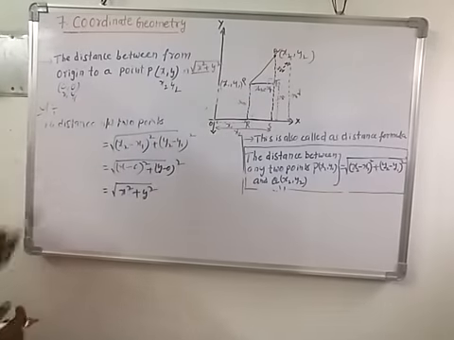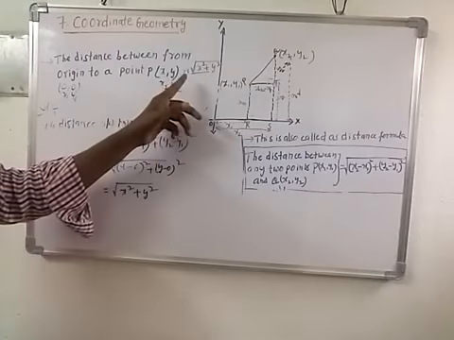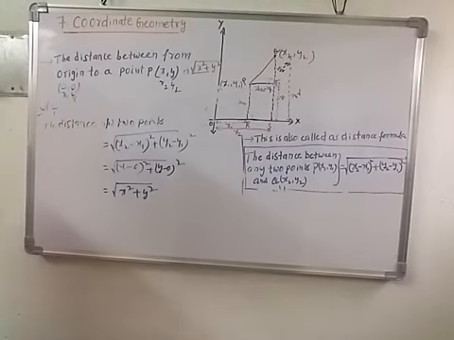So the distance from the origin to a point x comma y is the square root of x square plus y square.